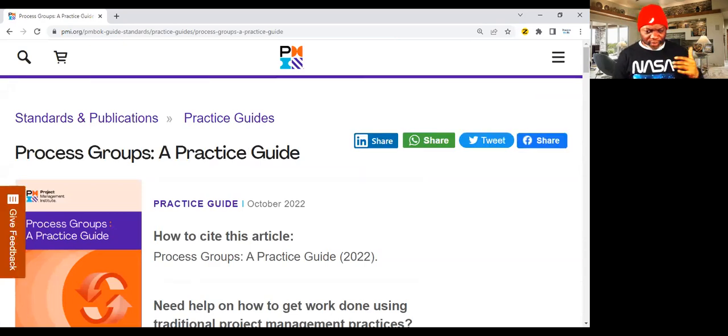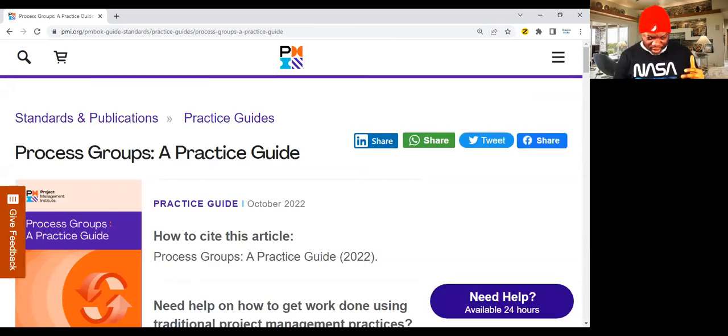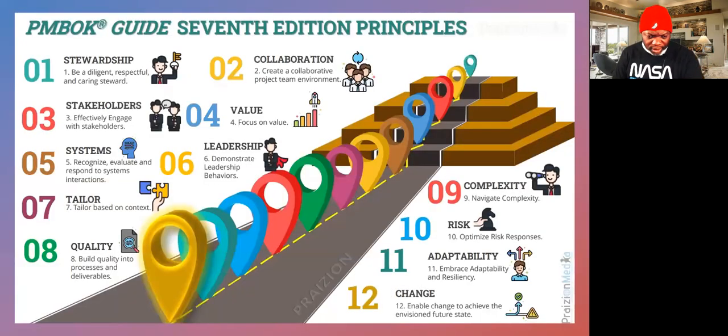Think about it. Let's go back and take a look at these domains. Take a look at the domain listing just to give you some really good context here. When you take a look at the 7th edition listing, not of the principles, but of the domains, what you're going to find is that it's missing a lot of the terminologies that would have made you more comfortable.